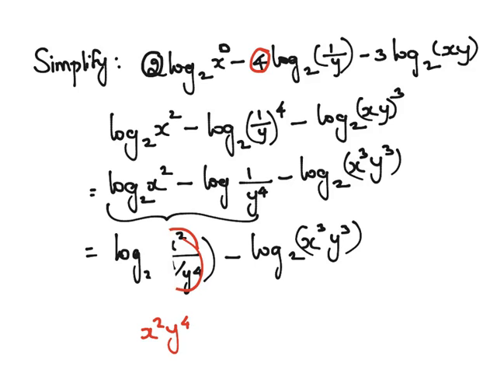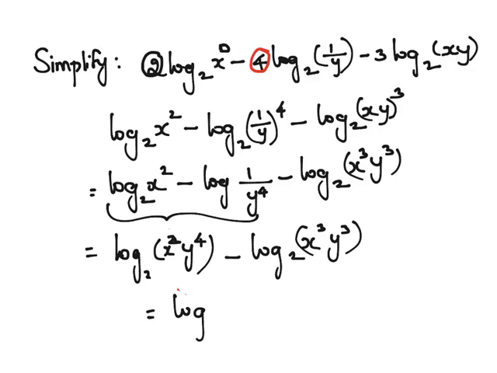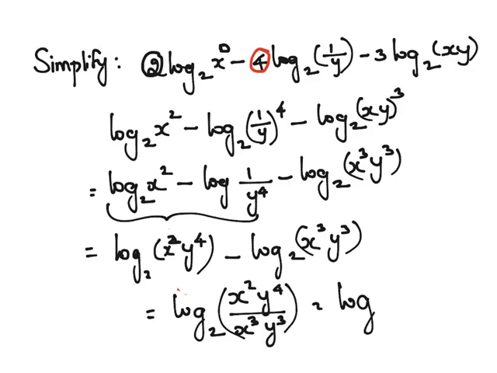So this will become x squared y power 4, right? So again, let me use the quotient rule. I'll get log of x squared y power 4 divided by x cubed y cubed to the base 2, which is nothing but log of y by x to the base 2. So this is the answer.